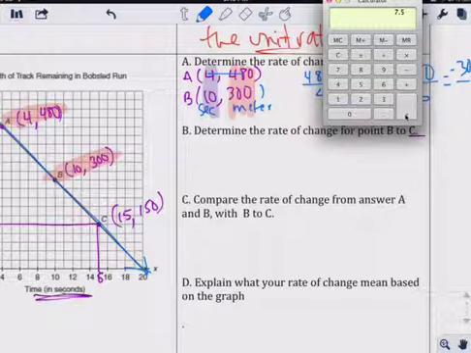Doesn't matter where you put the negative because a positive divided by a negative is a negative no matter what. Really important to understand that.